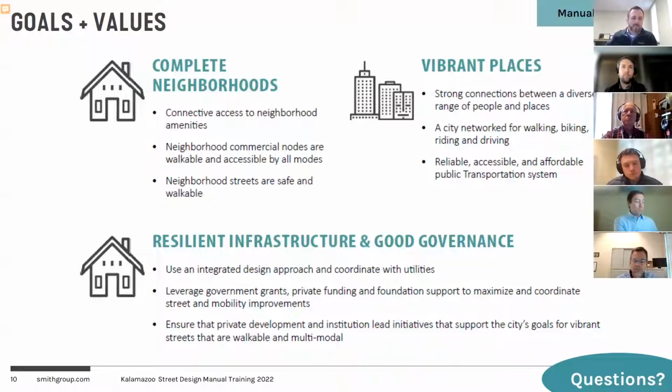And then I guess finally, resilient infrastructure and good governance. This is really at the core of everything that we do. I think that by believing in and investing in these values is good governance, but also for the assets themselves. We're really committed these last couple of years.